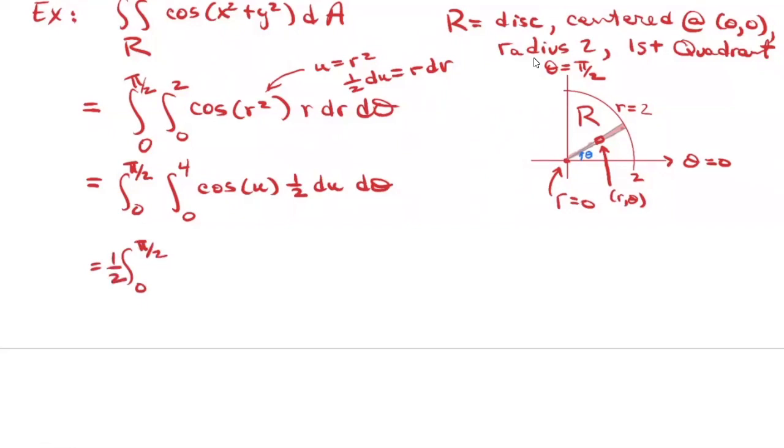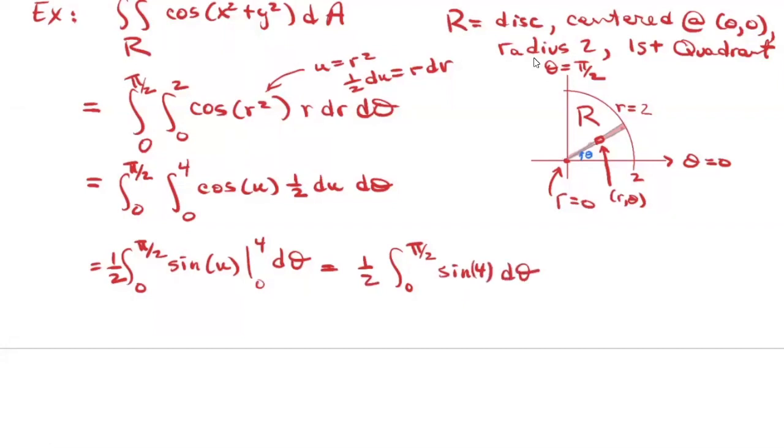Okay, and the antiderivative of cosine is just sine. So you're going to have sine u, and u is going from 0 to 4. You know sine of 0 is 0, and so this is just going to be sine of 4. So I think we get a 1/2 integral from 0 to pi over 2 of sine 4, whatever that is, d theta.